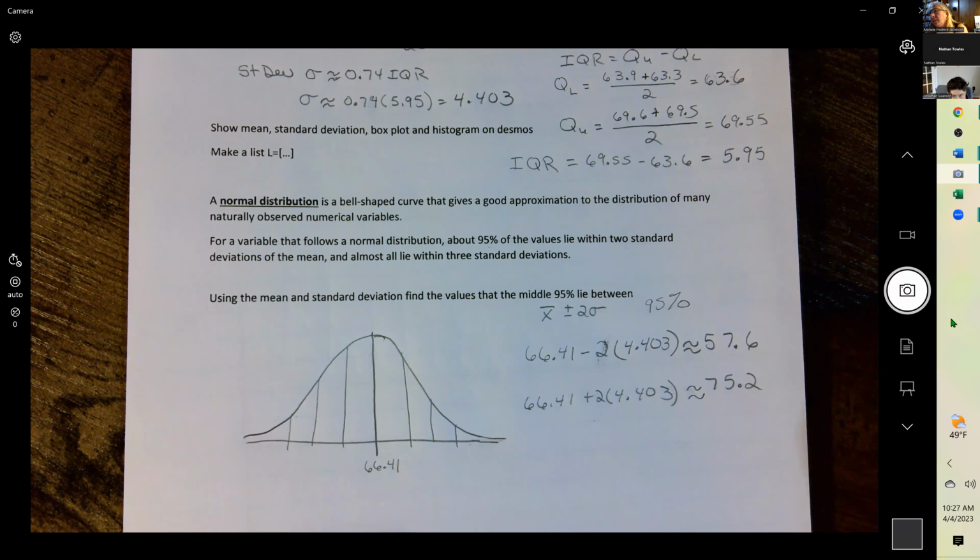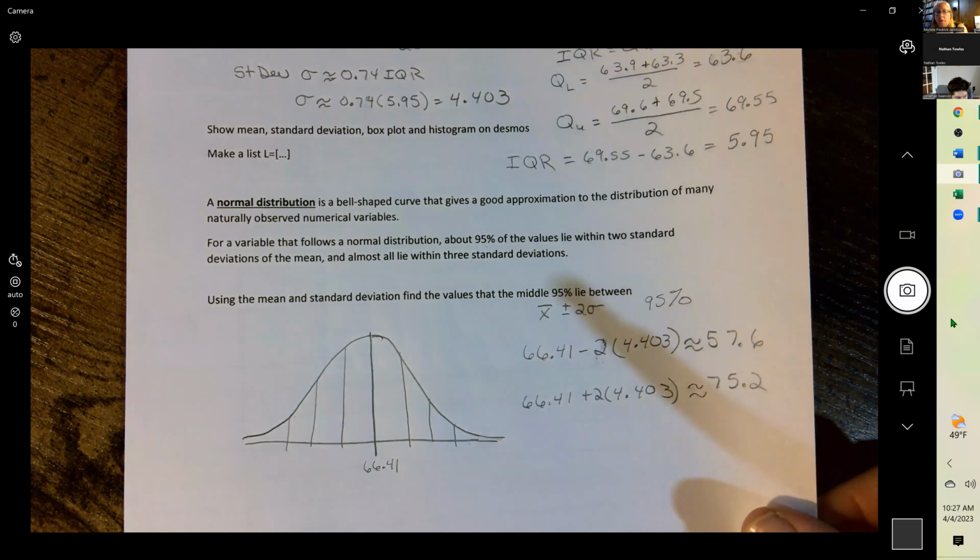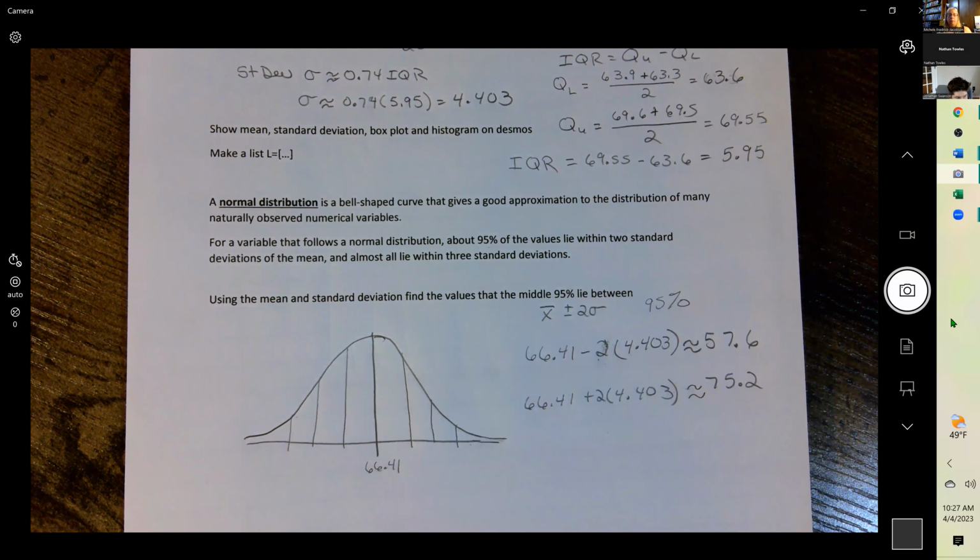If we do get into it, 68% is within one standard deviation and 99% is within three. But for right now, just the 95%, because that's the majority of your data. Any questions on that?